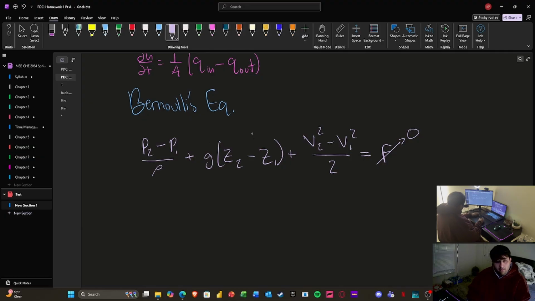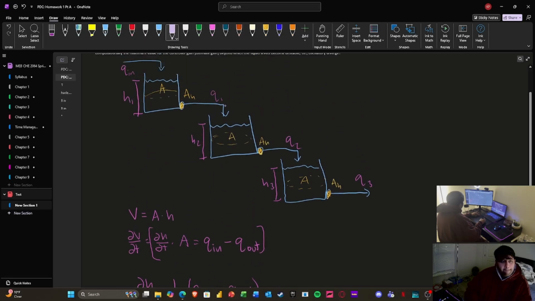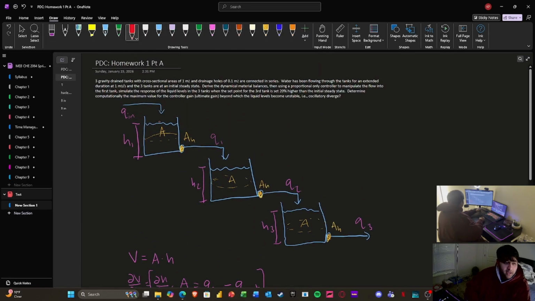I'm going to start with this section because it relates to what I want to explain. We're going to be picking two points, here which is going to be 1, and here which is going to be 2. Essentially what we're relating is the top of the liquid to the drainage hole, or the bottom, and this is going to be our height.